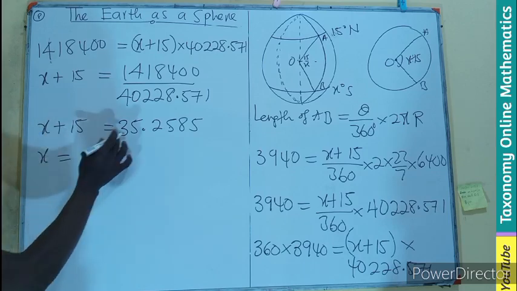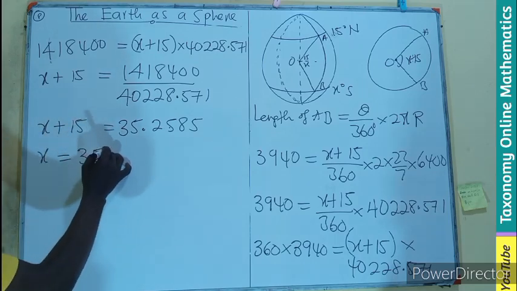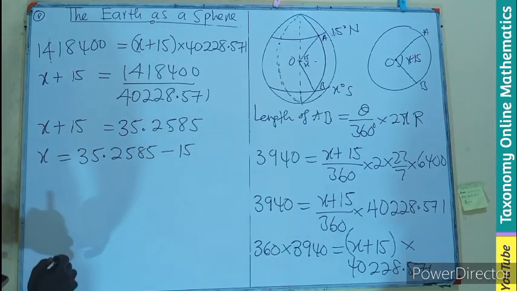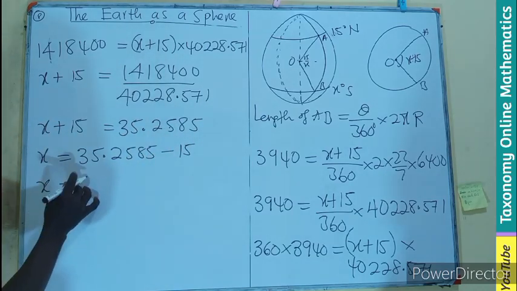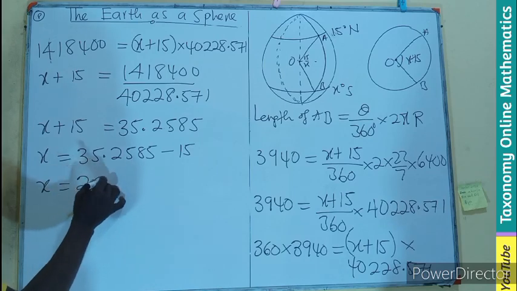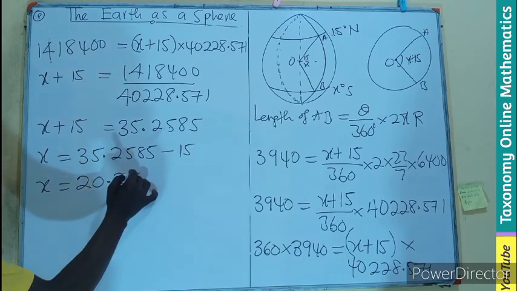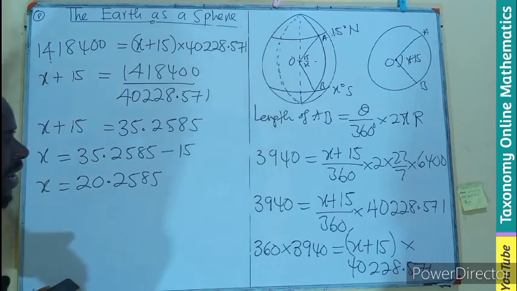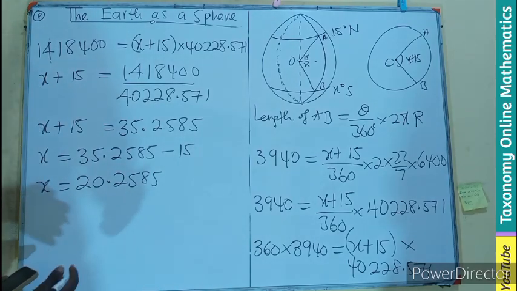So X will be equal to 35.2585 minus 15, which gives 20.2585. But I guess we have to leave our answer in the nearest degree or whole number.